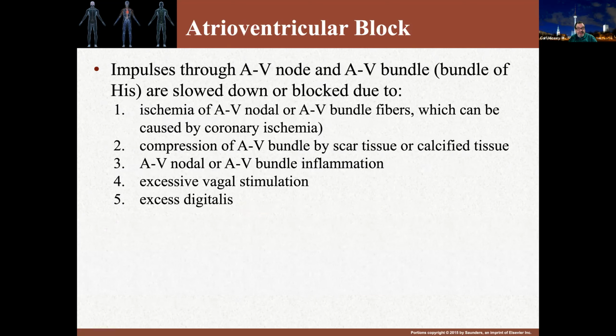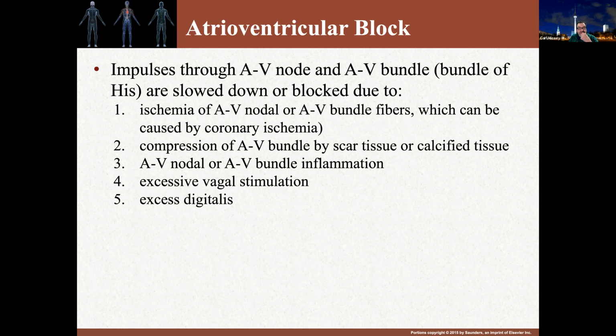In atrioventricular blocks, we have a condition which can be diagnosed by observing the EKG. Those who have an AV block will find there's impairment in the conduction of impulses from the atria to the ventricles.